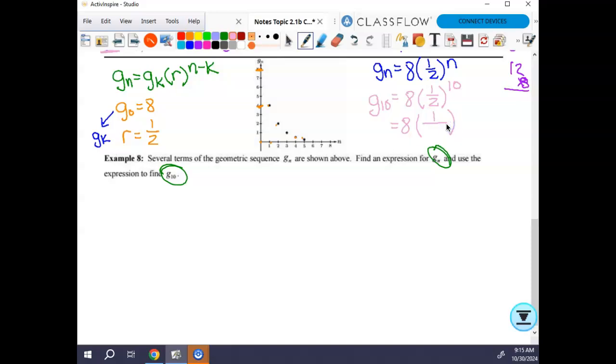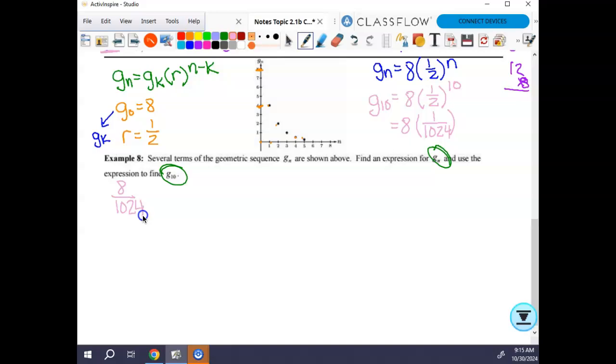So 2, 4, 8, 16, 32, 64, 128, 256, 512, 1024, okay? Because this would most likely be a non-calculator question, you need to be able to take 2 to whatever exponent they want. When I multiply those together, I'm going to get 8 over 1024.